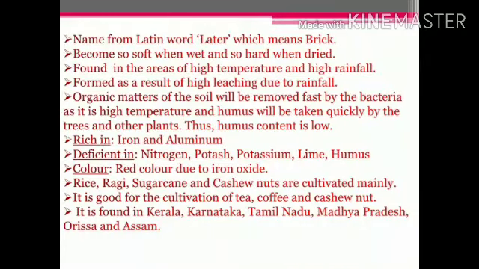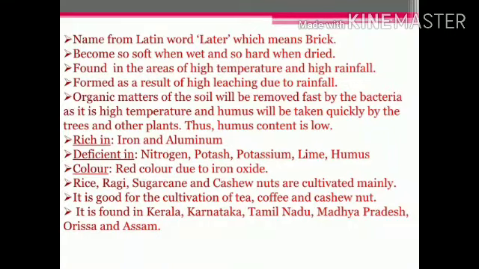Now, laterite soils, named from the Latin word later, which means brick, become so soft when wet and so hard when dry. They are found in areas of high temperature and high rainfall, formed as a result of high leaching due to rainfall. Organic matter of the soil is removed fast by bacteria because of the high temperature, and humus is taken up quickly by trees and other plants.